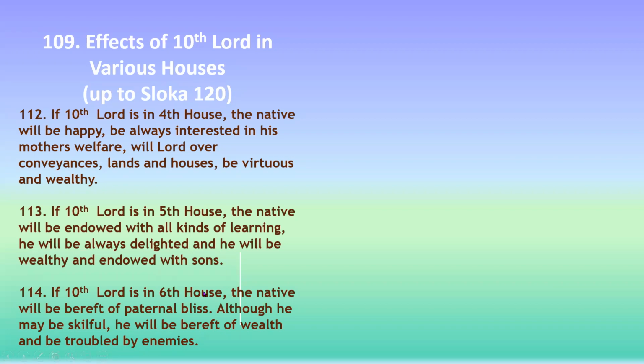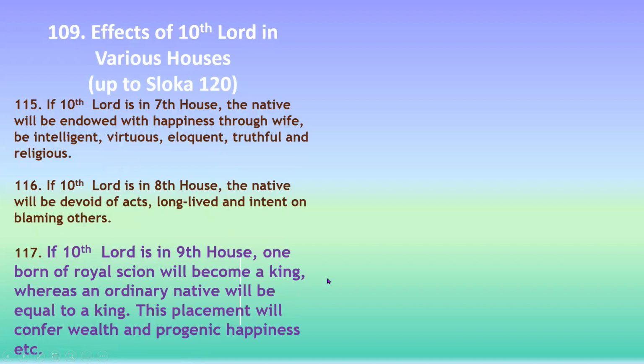Then it's a fantastic yoga to have the 10th lord in the sixth, and it's going to be superb for that person. But there will be shades of where he won't have paternal happiness. These are very karmic positions. They are for a reason, not random. Any questions?